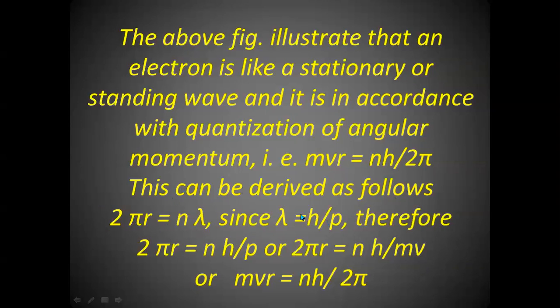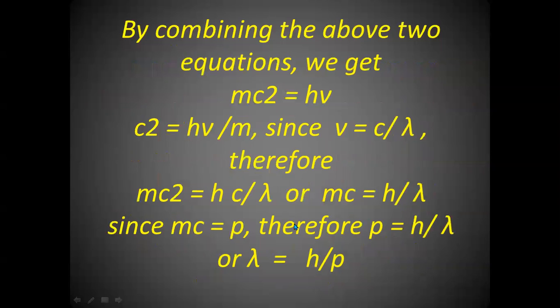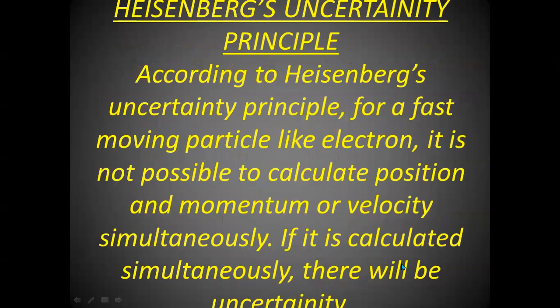Just before this we had the equation lambda is equal to h by p. If we substitute that, we get 2 pi r is equal to nh by p, or 2 pi r is equal to nh by mv. This is nothing but angular momentum, and it will be equal to nh by 2 pi.